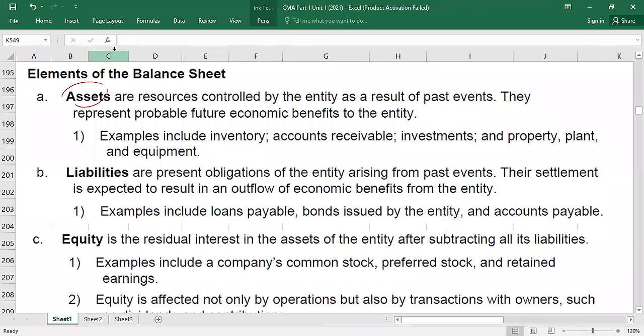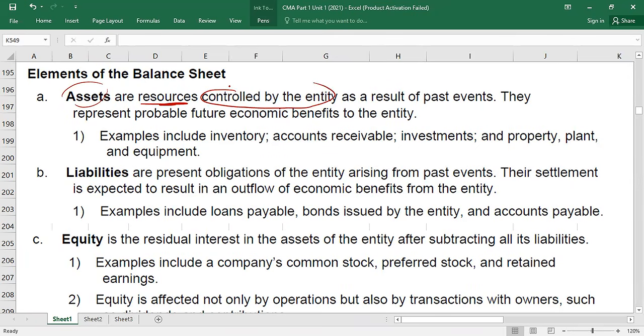What's an asset? It's written here: assets are resources. Resources means those which will give you benefit. For example, what resources do you have? Those are your assets, like land, building, plant, machinery, vehicles. Resources means all the resources which we deploy into the business. The second word is what? Controlled by the entity.